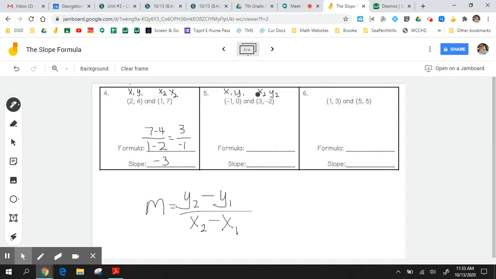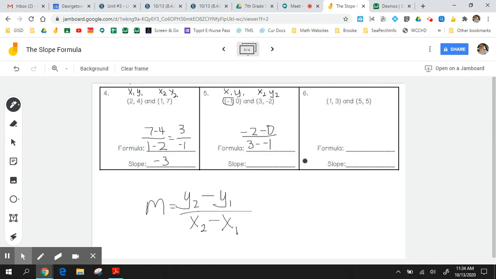If you're good to go and you don't need to label, great. But if you're getting them wrong, go back to labeling. So y2 is -2 minus y1, which is 0. And x2 is 3 minus, and now I plug in x1. x1 is this entire thing, so I have to plug in -1.